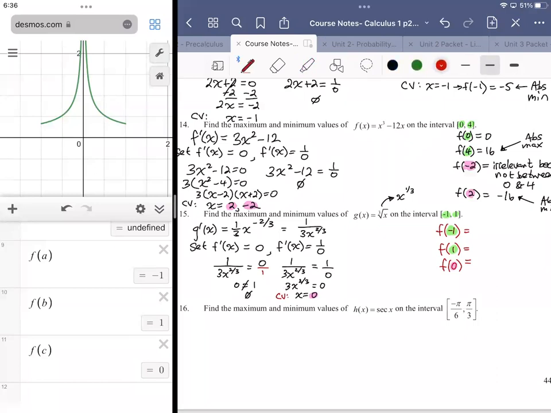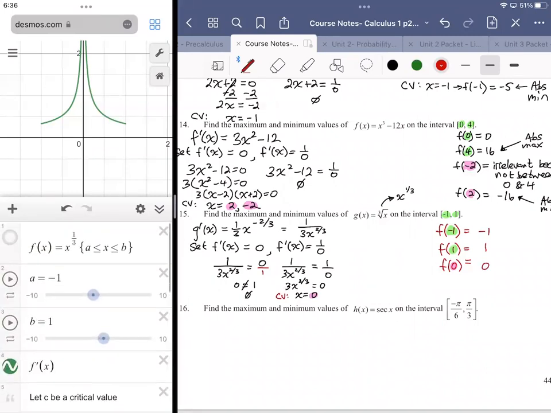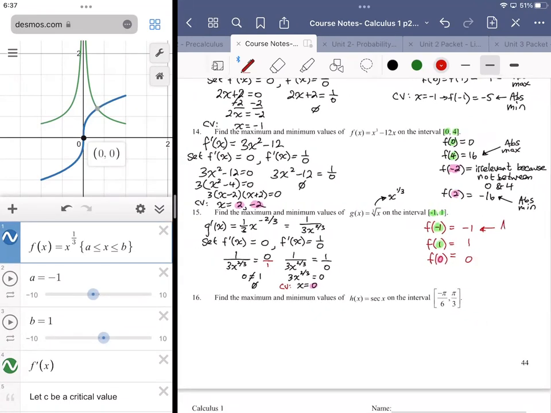So -1 gives a -1, +1 gives a +1, 0 gives a 0. It doesn't always play out that way where you evaluate a function at an x value and it gives the same result as the y value, but it does in this case. You verify it on the graph. And so this would be my absolute minimum.